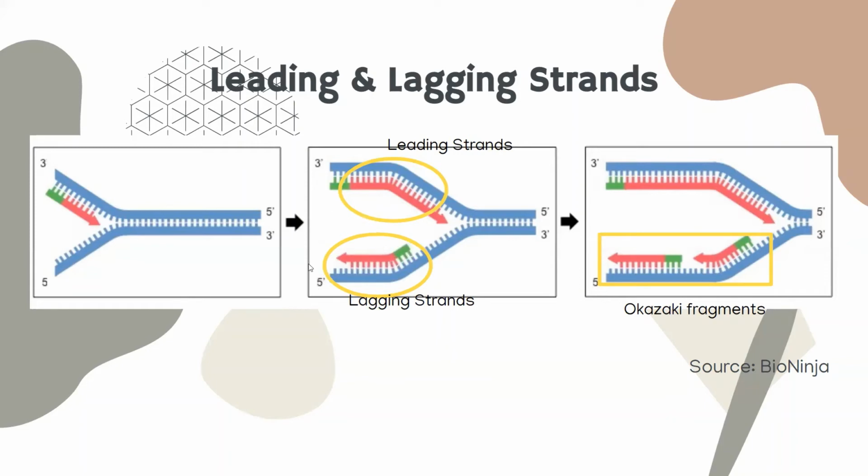So it keeps on replicating in fragments. These lag behind the leading strand, and these fragments, found by Mr. Okazaki, I believe, are called Okazaki fragments.